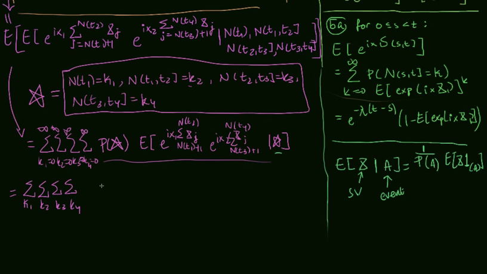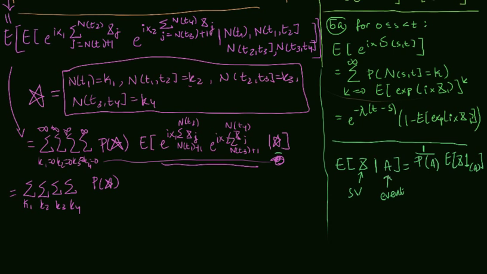So 4 sums, and then I have the probability of star, which we recall was given as 4 events intersected that depend on the increments. And then I have the mean of something here given star.